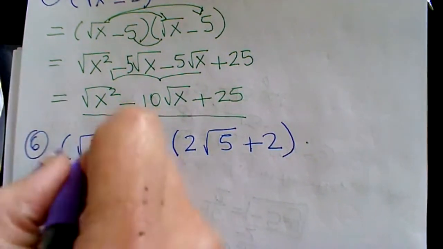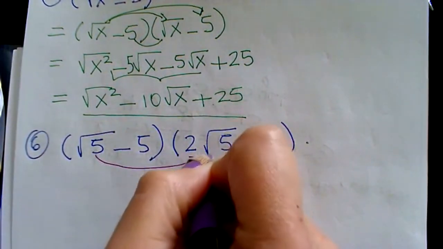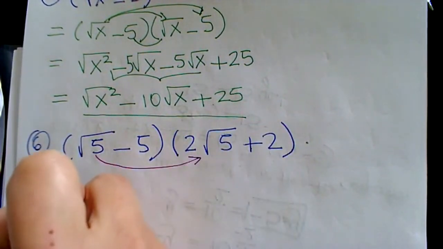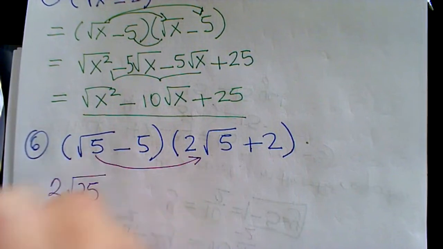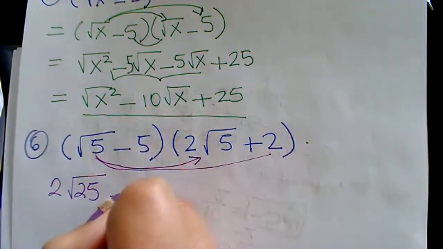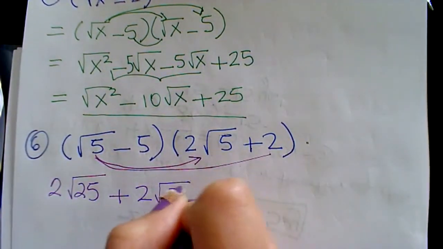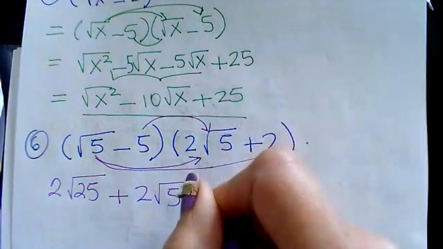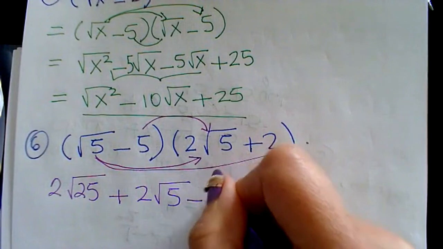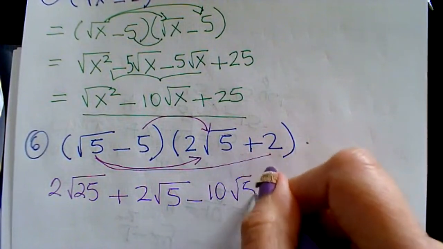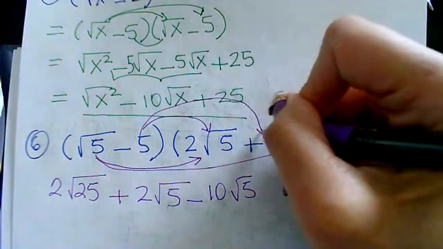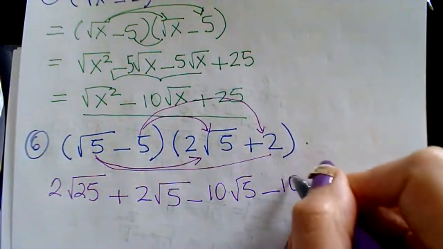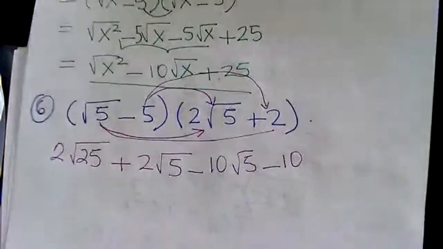So then this one multiplied, it's going to be 2 square root of 25 plus 2 square root of 5. This is going to be minus 10 square root of 5 and negative 10. Right?